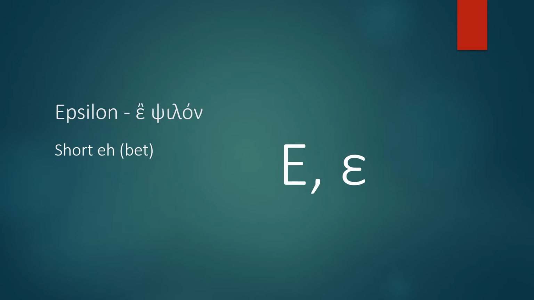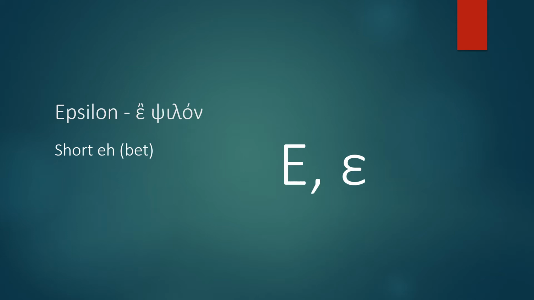This is epsilon, and, well, epsilon's kind of an interesting name. First you have the e, and then you have the adjective, which means plain or by itself, bare, ordinary, whatever. It's just the straight up e sound, epsilon. And so, unlike the alpha, which can be long or short, this is always short.